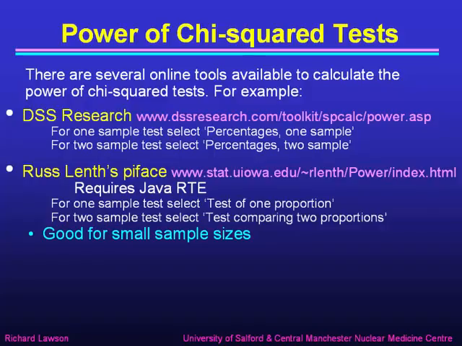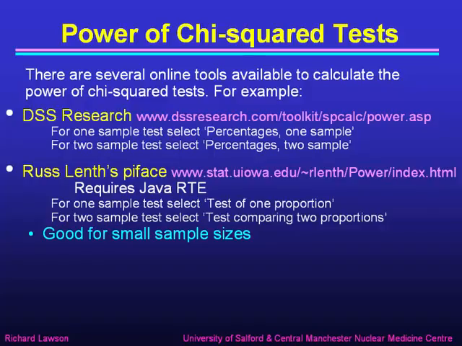I talked, when we were talking about experimental testing, about the power of tests, and if you want to work out the power of a chi-squared test, its ability to find a result if it is there, then you can use various calculators. DSS Research have available power calculators for a one sample chi-squared test if you select percentages one sample, or for a two sample test if you select percentages two sample.